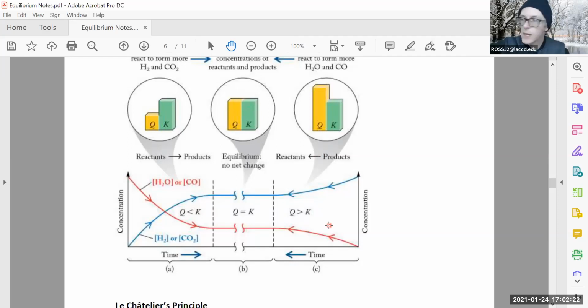So I realize I've said a lot of stuff here. I don't need to annotate everything I've just said because it prefaces what's going to come next, Le Chatelier's principle. But let's make a couple of statements here. So if Q equals K, I'm at equilibrium, so that would be no shift.